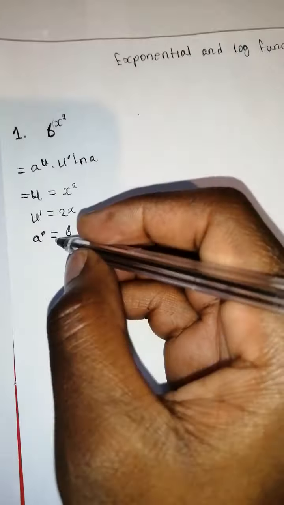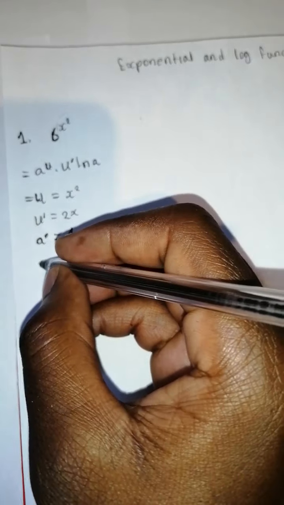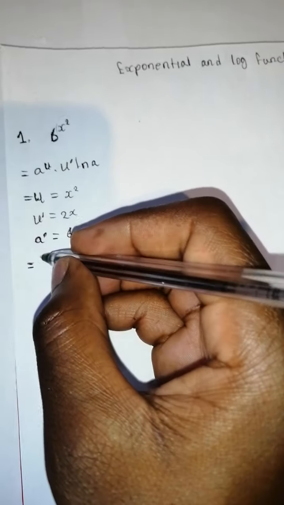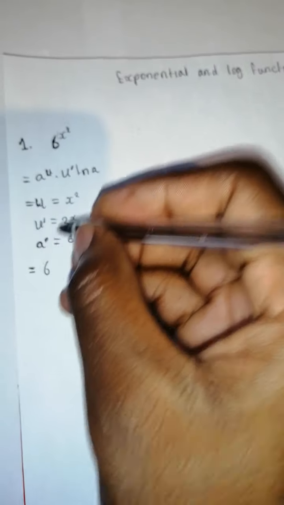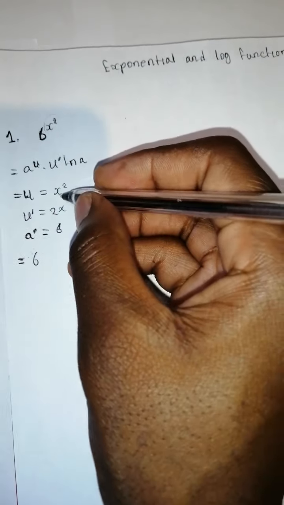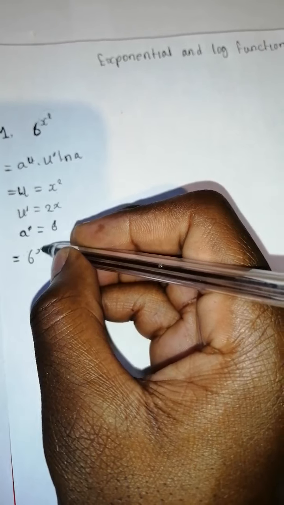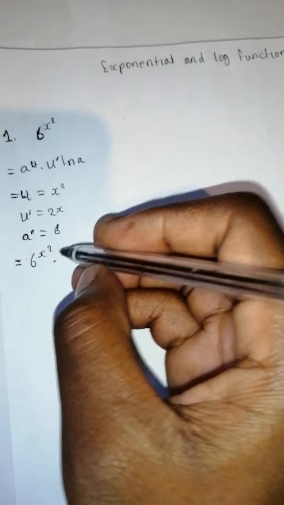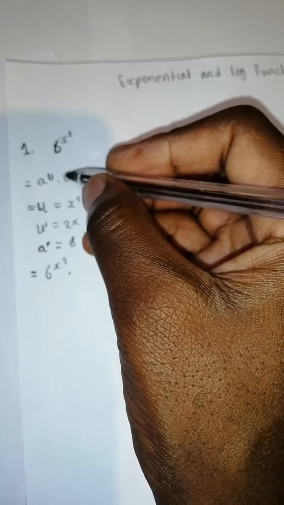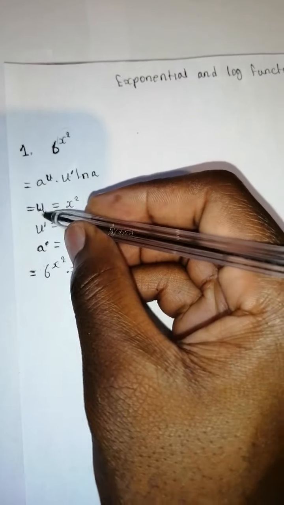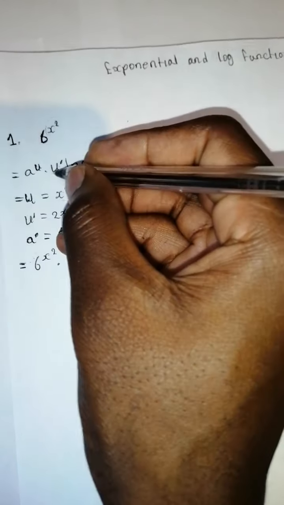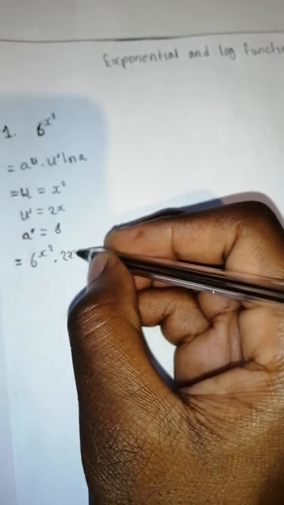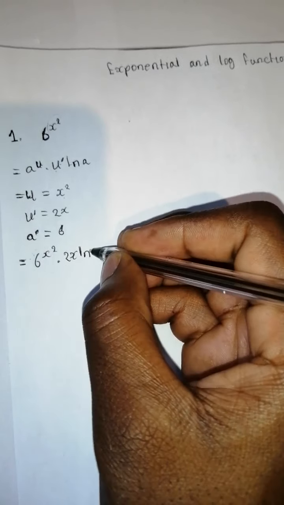After finding this, we have to replace what we have in this formula. So the final answer will be a^u, where a is 6 and u is x squared, so 6^(x squared), times u prime, the derivative of u, which is 2x, and then write ln a.